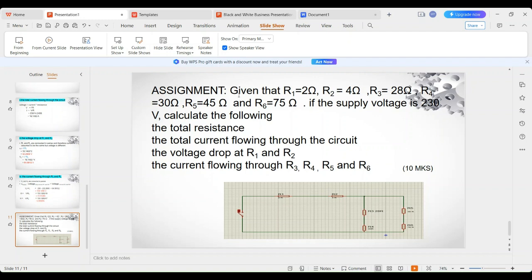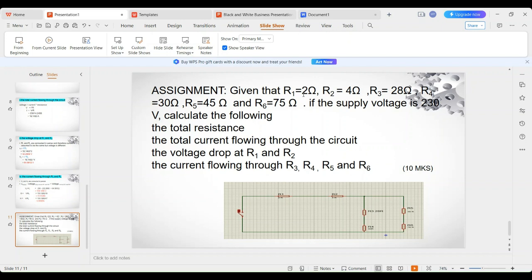I have an assignment for you here. Assignment says that given that R1 and R2 are connected in series, and R3 and R4 are connected in series also, but in parallel with R5 and R6.